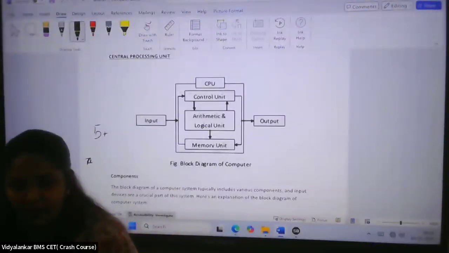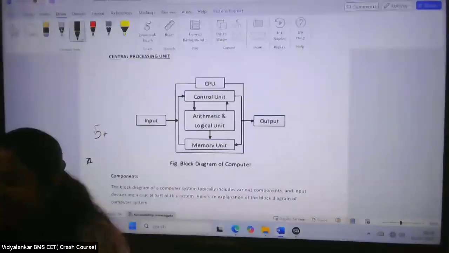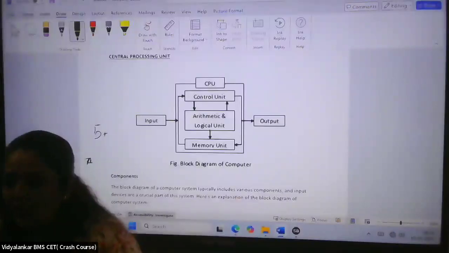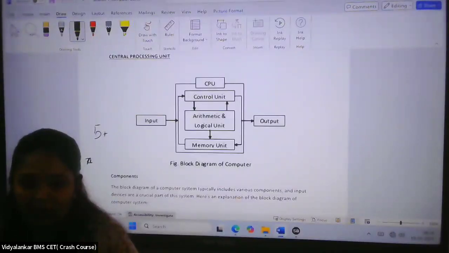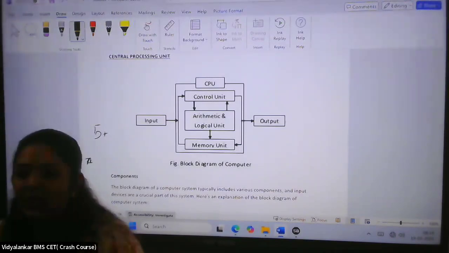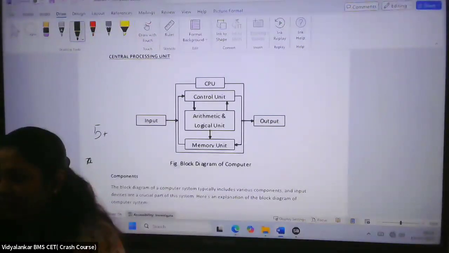Decimal is a number system which has ten digits, starting from 0 and ending at 9. If I tell the computer system 720, that 720 lies in which number system? The decimal number system. Is that clear? Okay, and then, since you are not having much depth, I'm just telling you in general, the system converts 720 from decimal to binary.